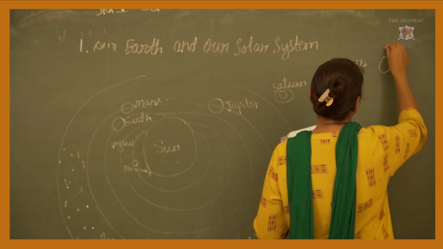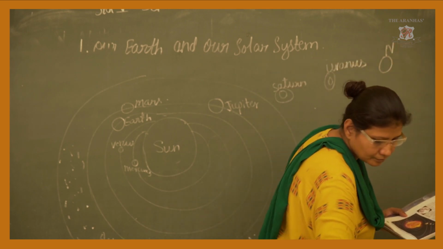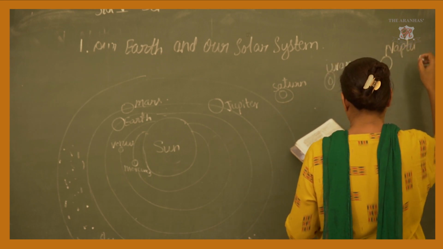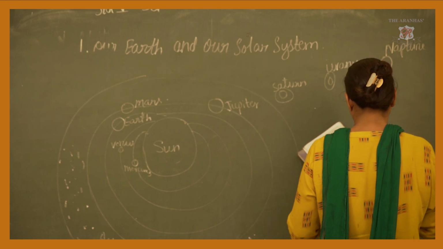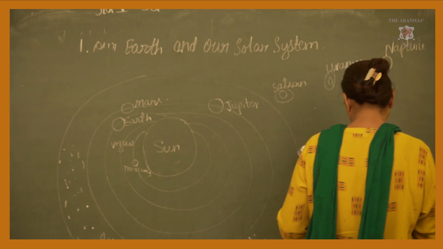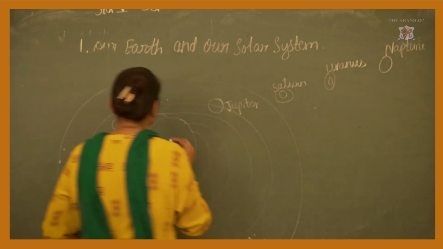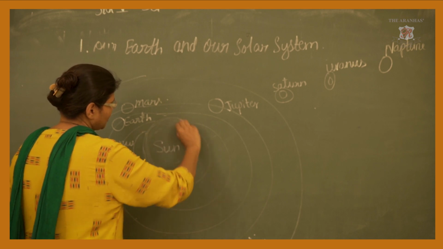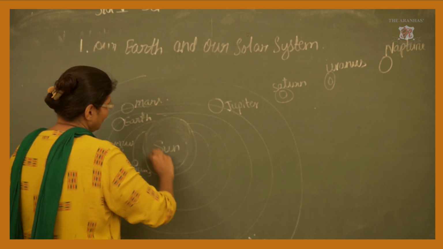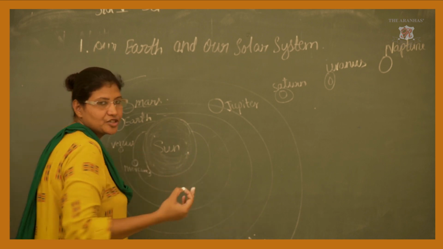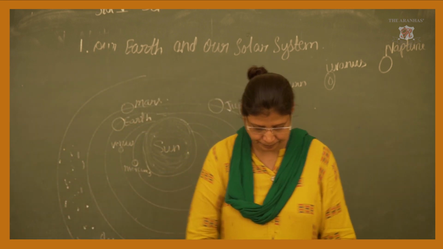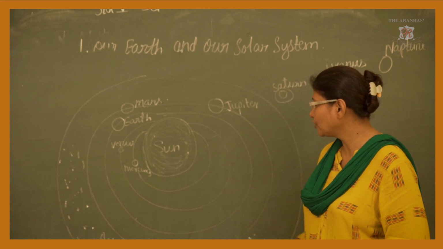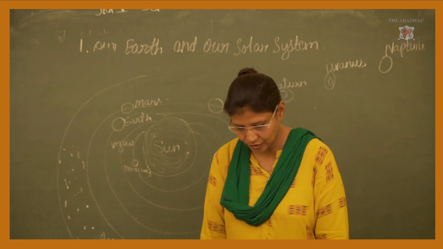Here is Neptune. You can see this picture in your textbook, or you can find it on the net also. These are the diagram of our solar system.